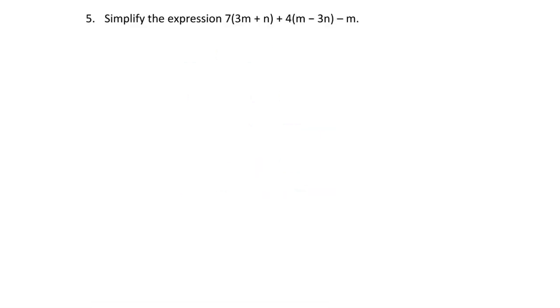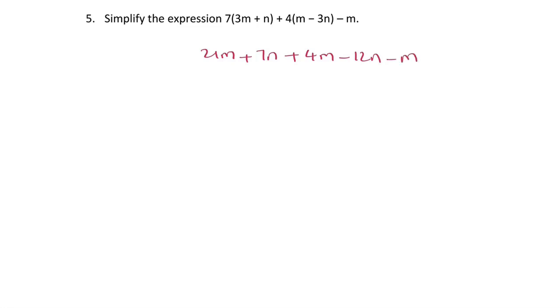Question number 5. Simplify the expression 7 in brackets 3m plus n plus 4 in brackets m minus 3n minus m. Okay, so for this one, first we are going to start by opening the brackets by multiplying 7 and 4 to each of the terms inside the brackets. Then our expression is going to be 21m plus 7n plus 4m minus 12n minus m.